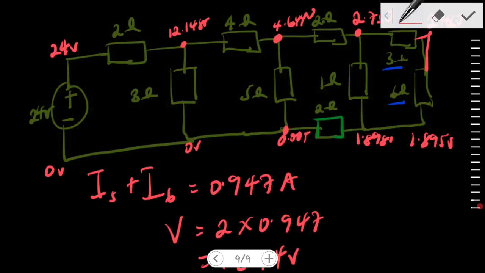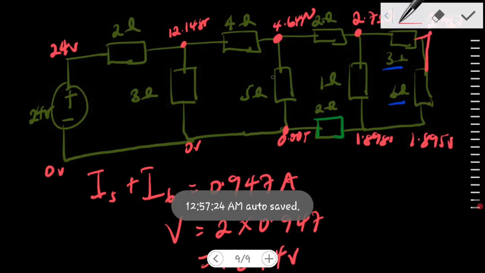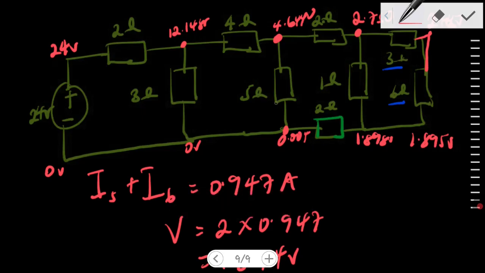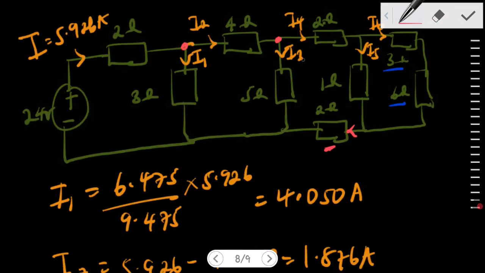Now let's get the potential at this point, through this and that. Using 4.644, the current that went through the 5 ohm resistor was I3, right?